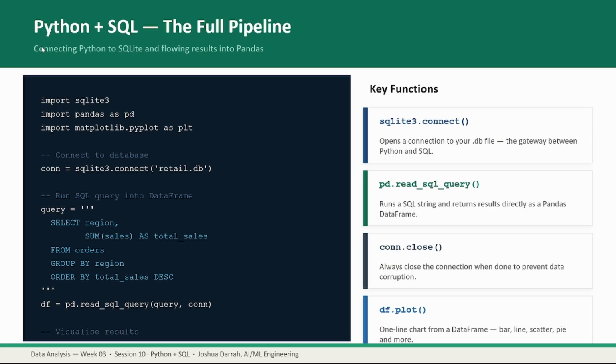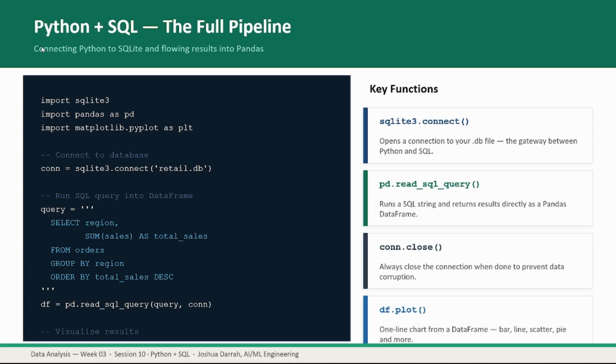Then step two, you write a SQL query to get exactly the data you need. You filter to last month. You select the relevant columns. Maybe you do some aggregation. Then step three, you load that query into Pandas using pd.read_sql_query.